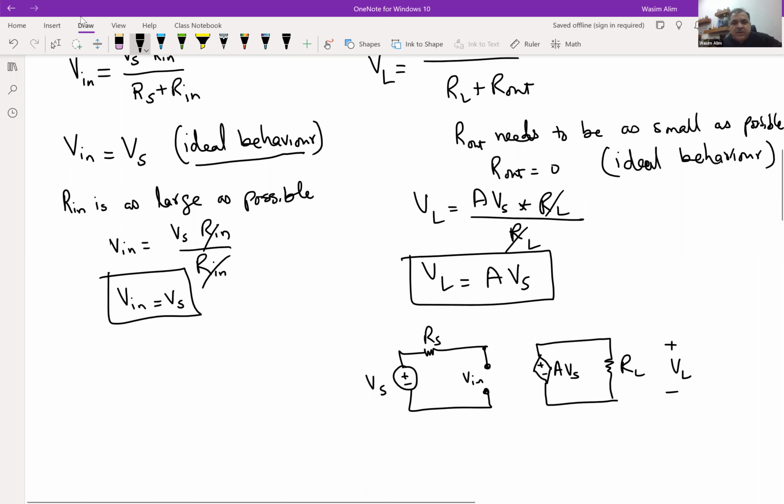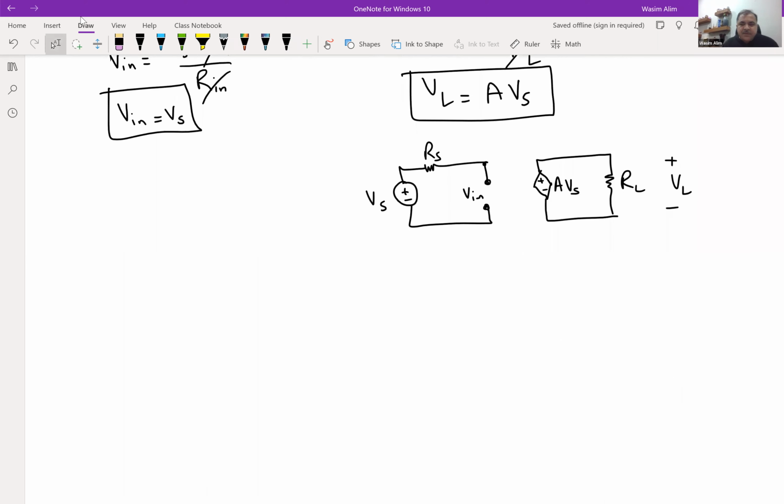As I mentioned, we are not too much concerned with what the internal working of this is, but we model this as either a schematic symbol or a circuit symbol. Okay, so whenever you see schematics and you see an op-amp, you will see a symbol like this. Okay, so there are two ports here on the input side and one port on the output side.